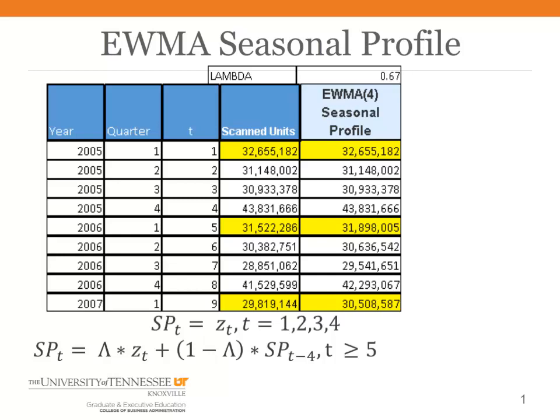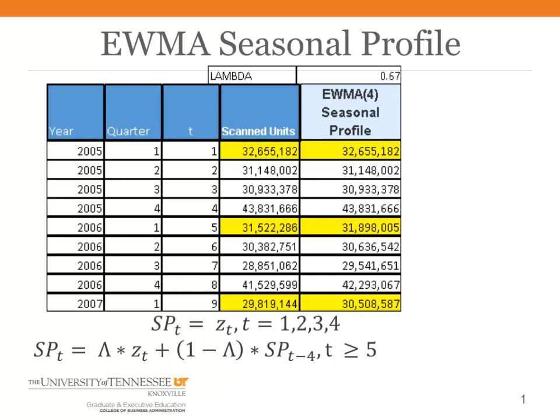I will initialize the very first quarter of 2005 just by setting that value to the observed value. That's the first row showing 32,655,182. Then in the fifth row, when first quarter rolls around in the second year, 2006, I update that first quarter profile using exponential smoothing. And I'll do that again a year from now and so forth.